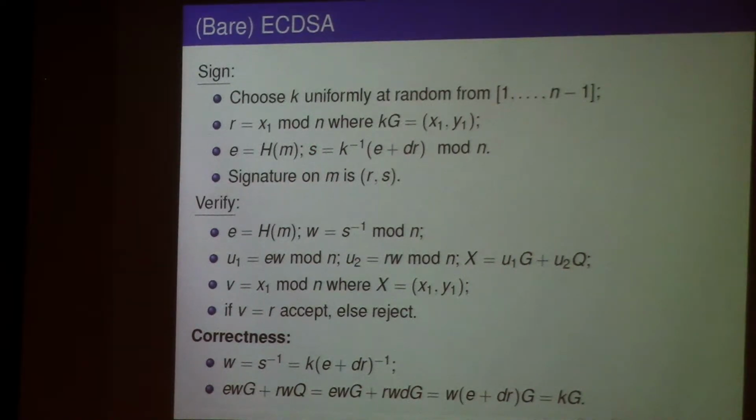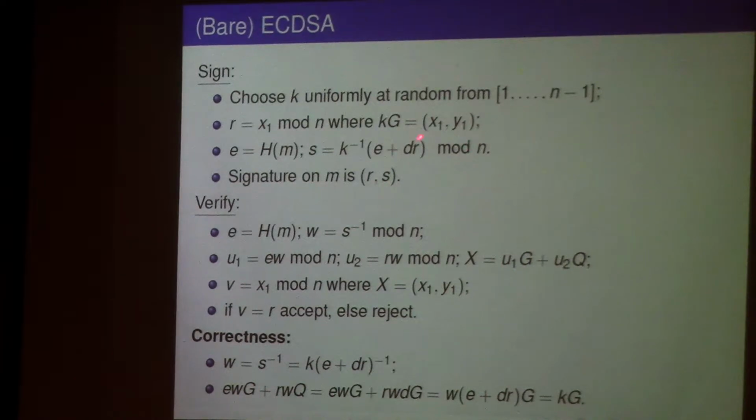This is where the signing key d comes in. It also involves an r and a k. The k is chosen uniformly at random between 1 and n minus 1. And r is, once you choose k, then you do G plus G plus G, k times. And that will give you a point on the elliptic curve.